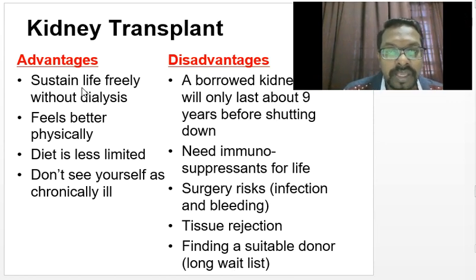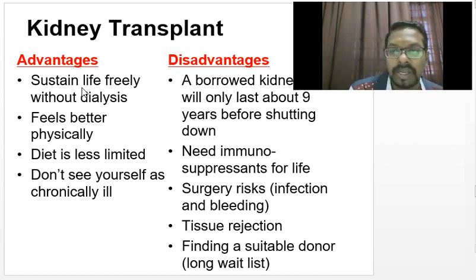Advantages: sustain life freely without dialysis, feel better physically, diet is less limited. You are not chronically ill, that means you still look okay, you are not a patient. Disadvantage: a borrowed kidney can only last about 9 years.